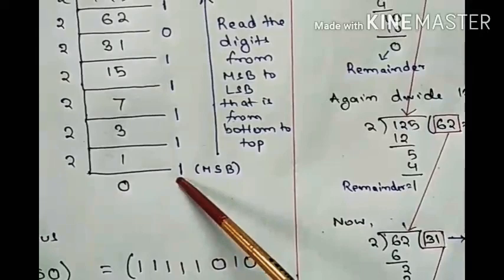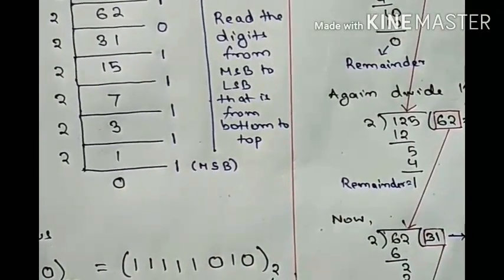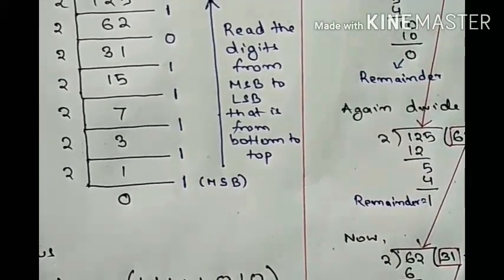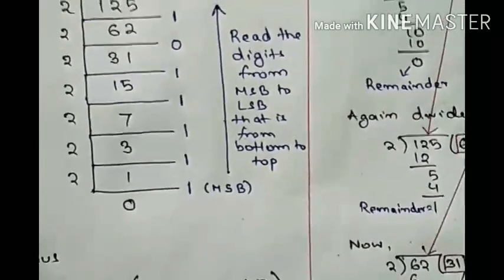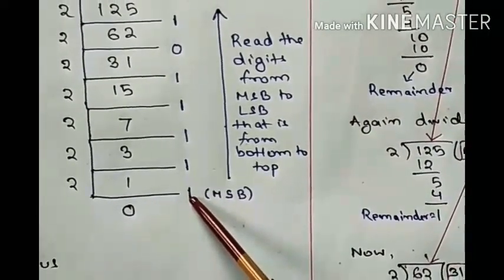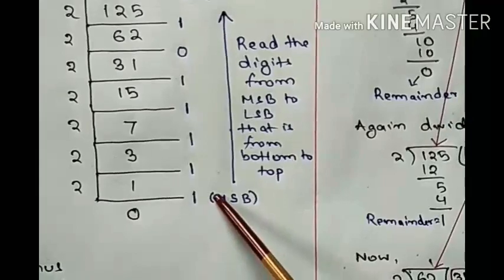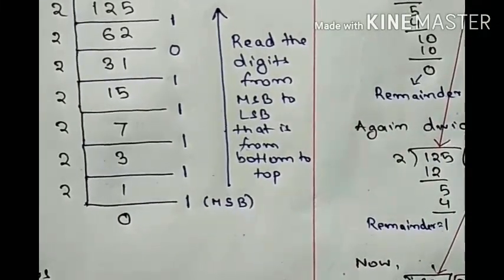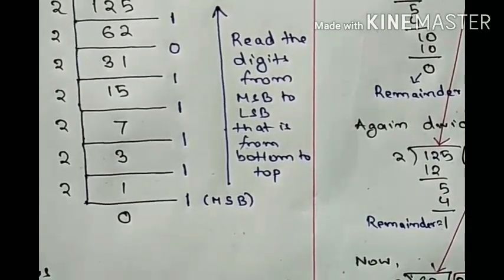So the last remainder we have obtained is 1. This is the last remainder we have obtained, so we will mark it as MSB, most significant bit.